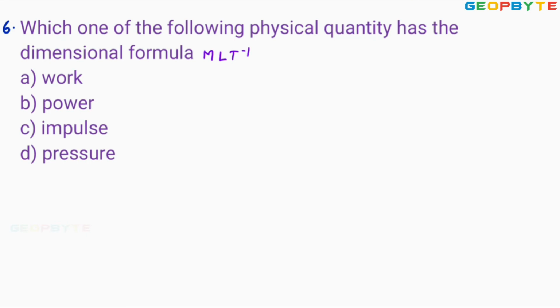Look at the 6th problem. Which one of the following physical quantities has the dimensional formula M L T power minus 1? Look at the dimensional formula for work first. A, work equal to force multiplied by displacement.